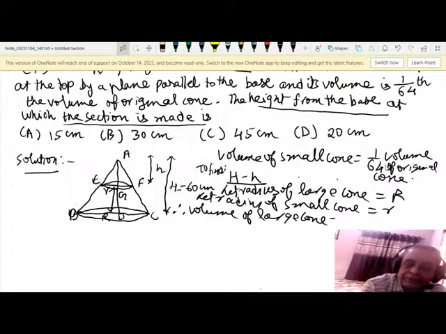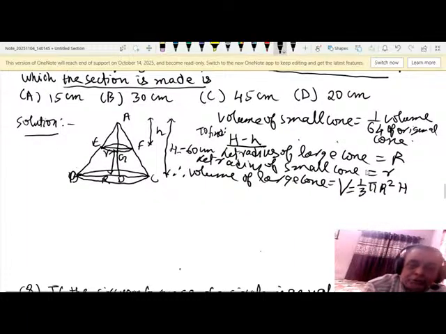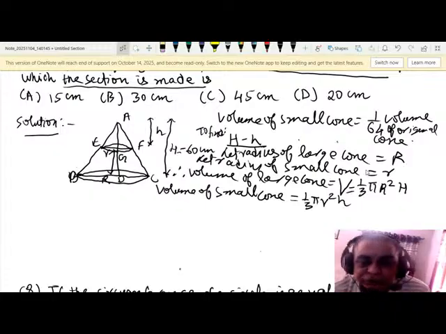I am denoting it with capital V. That is 1 by 3 pi capital R squared multiplied by capital H, and the volume of the small cone will be 1 by 3 pi small r squared multiplied by small h.